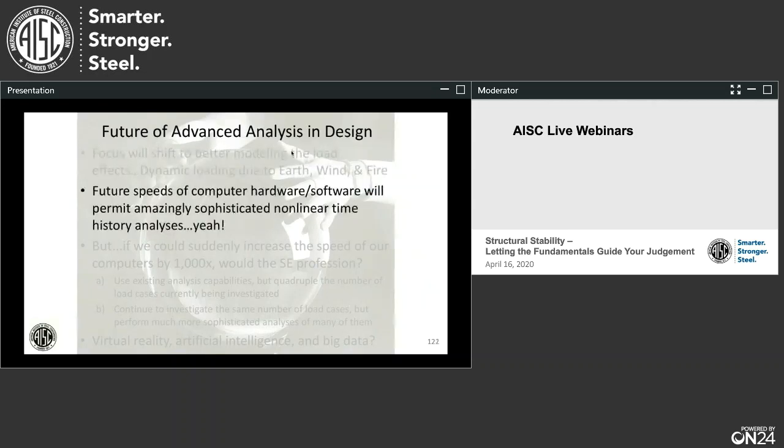Even when we were graduate students in the 80s, we would dream about the year 2020, when computer speeds would be so amazing that everyone would be doing a nonlinear time history analysis. And we really thought that would be the case. But the profession did something we didn't anticipate.